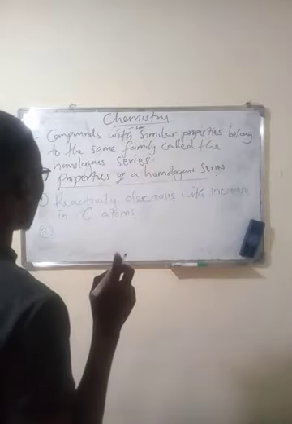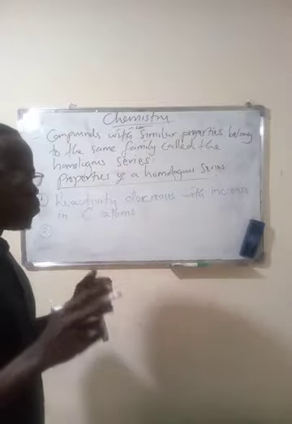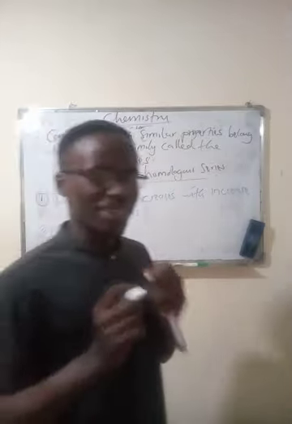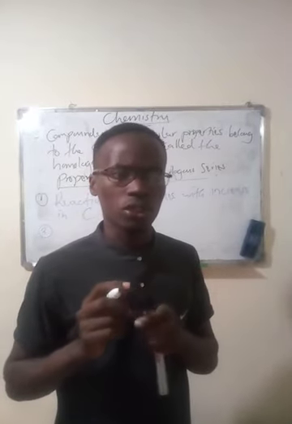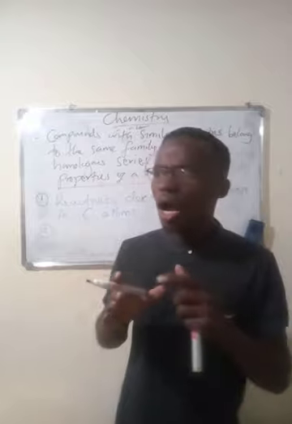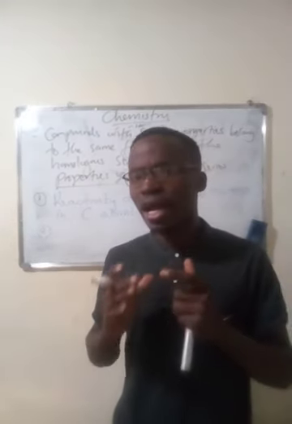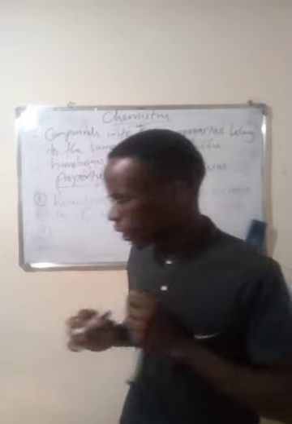Now, the other thing is that melting point and boiling point also increase with increase in the number of carbon atoms. So a compound that has more carbon atoms will have a higher boiling point and a higher melting point, right?